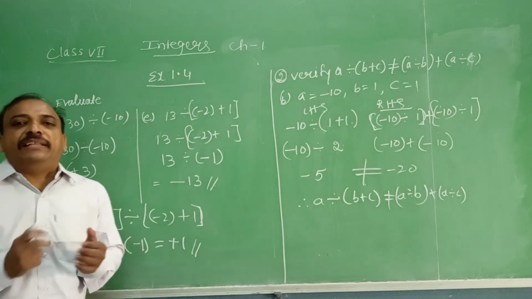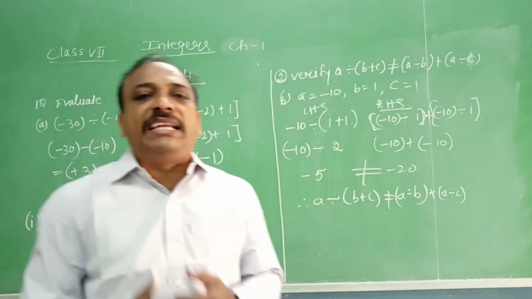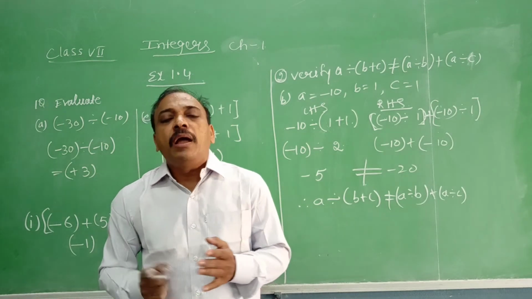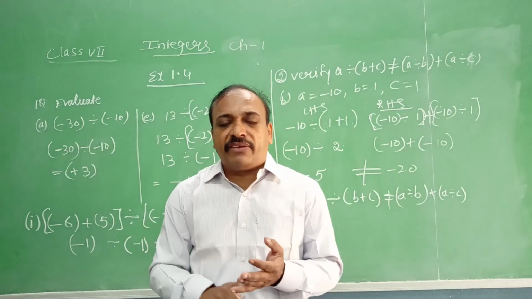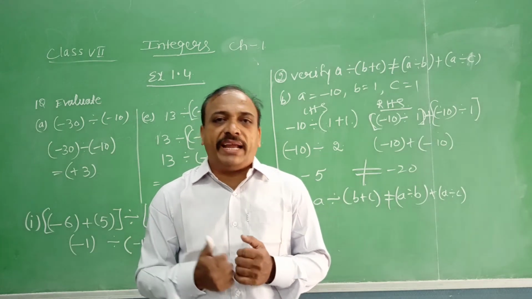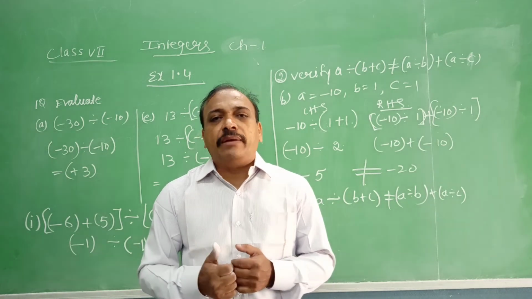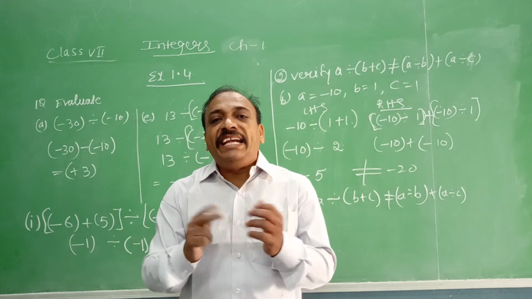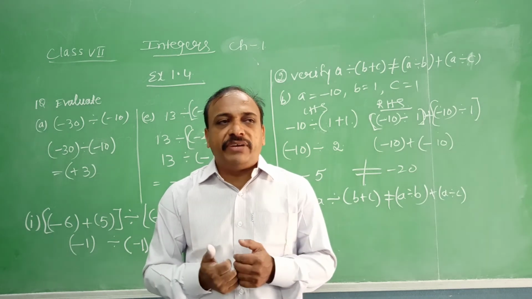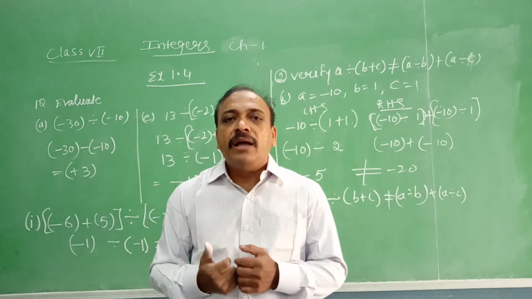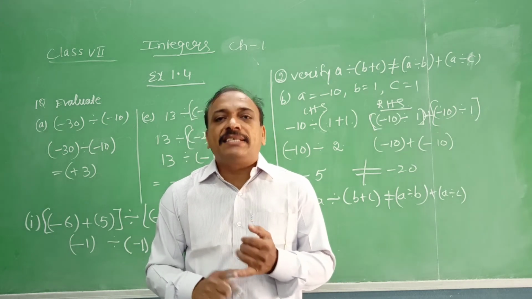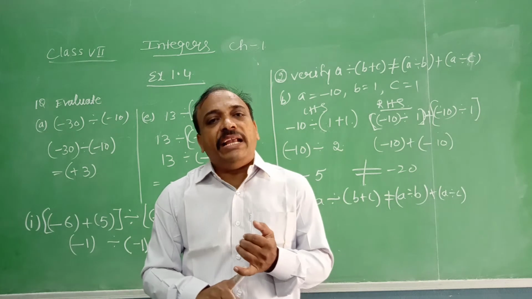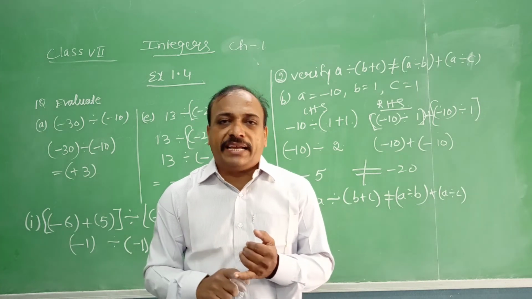So finally in this chapter, the introduction to integers, we have learned how to add two positive integers, two negative integers, and one positive and one negative integer. Subtraction: how to subtract integers, negative or positive, and what property to keep in mind. While subtracting, the important thing is adding the additive inverse of the number being subtracted.